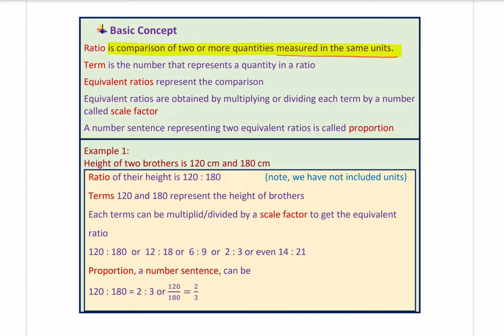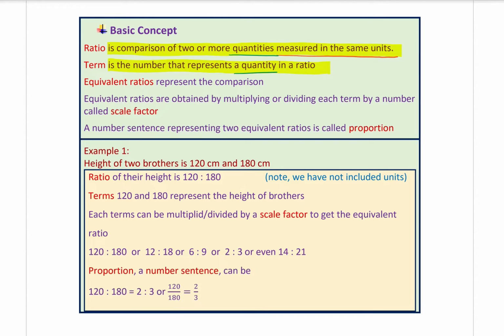Do you understand? Okay. Now terms. Term is the number that represents the quantity in a ratio. So as you have seen, the term is the quantity and that is the quantities being compared, right? So those quantities which are being compared are called the terms.